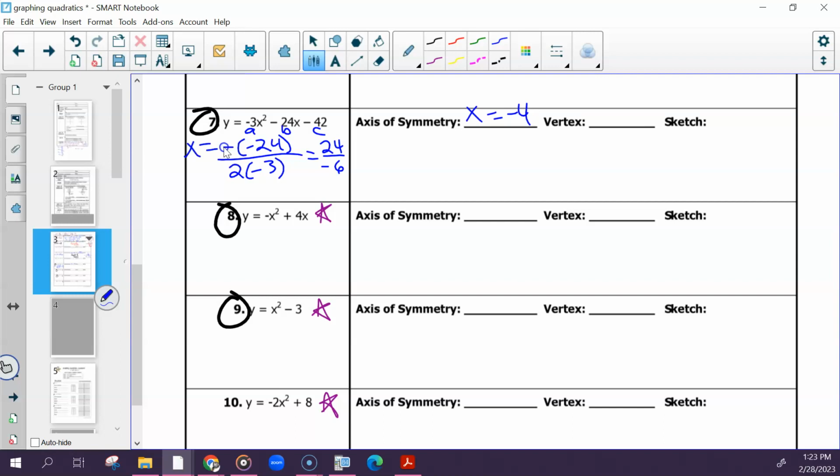Okay, so then we can use that to find our vertex. So y equals negative 3 times negative 4 squared minus 24 times negative 4 minus 42. I'm going to put that all in my calculator at once.